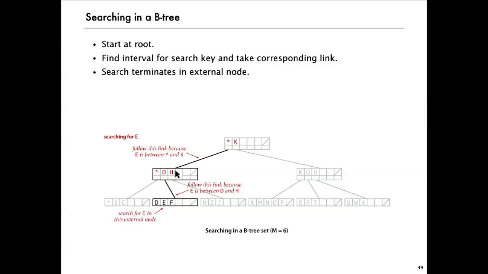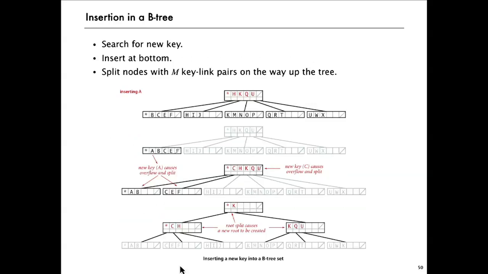In every case it's that way. So if we're looking for E in this B tree, we'd go down the left link, and then it would go down the second link because E is between D and H, and that's just the way it's organized. And then when you get to an external node, you just look for it. All searches terminate at an external node, and otherwise it's just a generalization of what we just did.